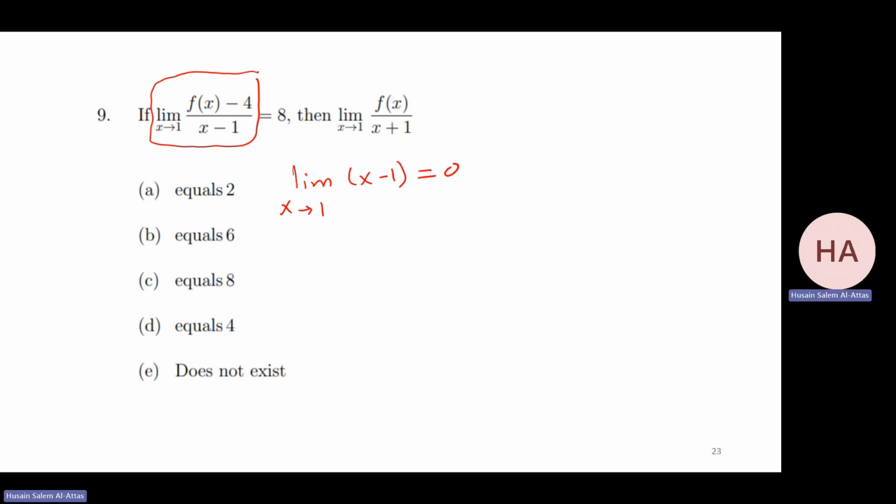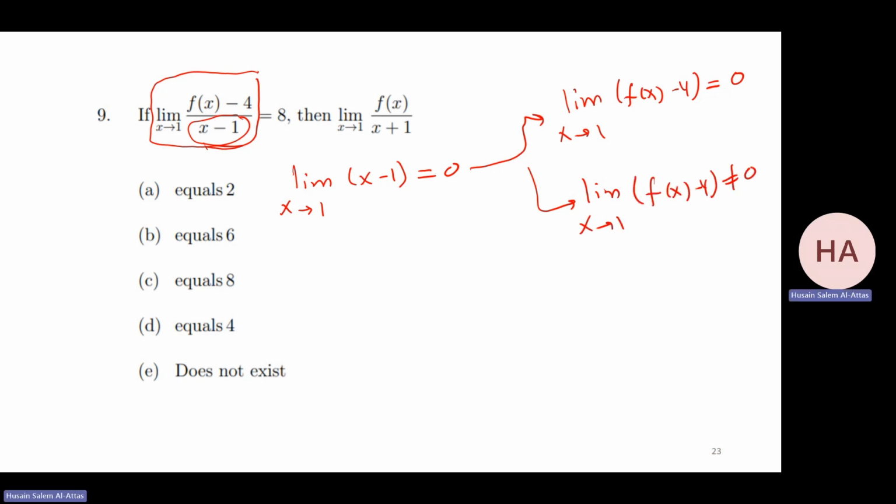Okay, the limit of the denominator is equal to 0, and the whole limit exists. Actually for the numerator, either the limit is 0 or non-zero. There is no other possibility.